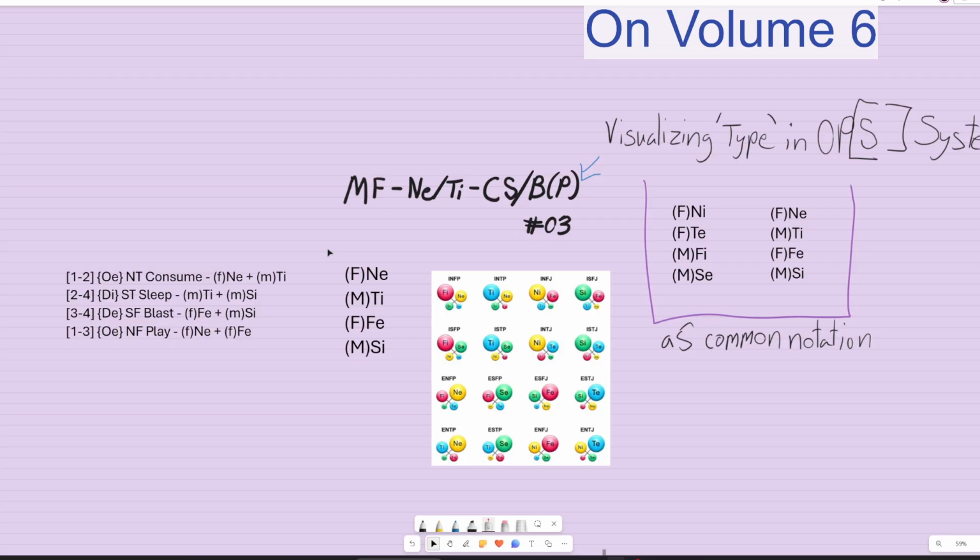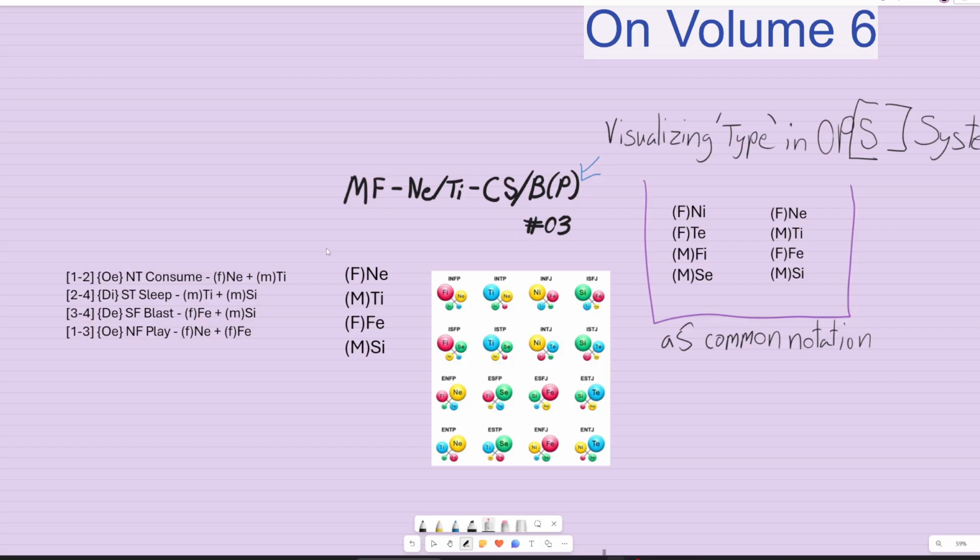So NE goes to TI instead of NE going to FE. That would be the jumper. And then we have consume, sleep, blast, play. That is the connections. The connections between functions.